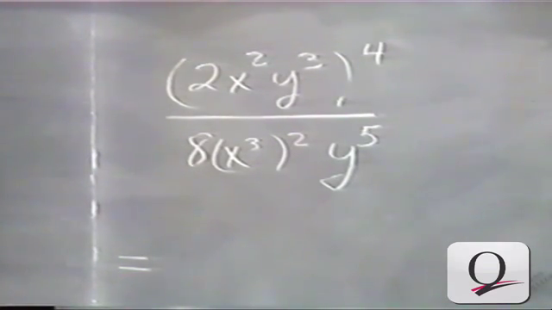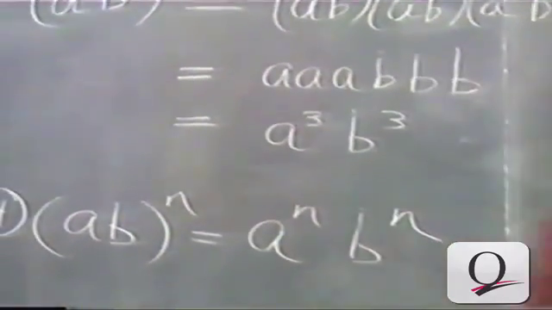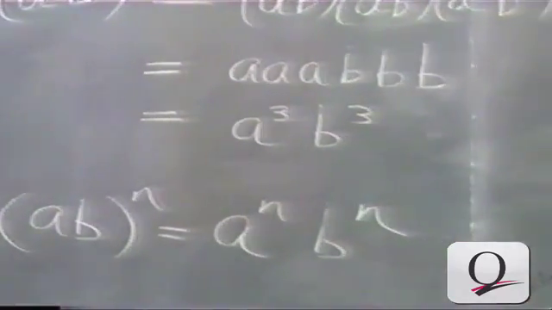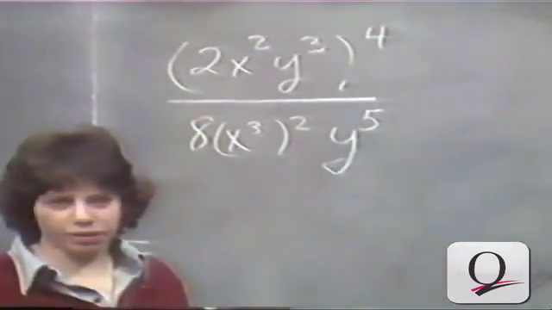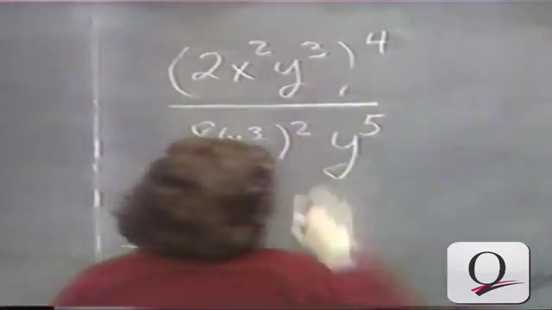Okay, the first thing I'm going to do is to use rule 4 we just had. That was for a product to a power. It's sort of like a, b, c to the nth power, but that rule can be extended for more than 2 factors. We're going to raise each factor to that power.